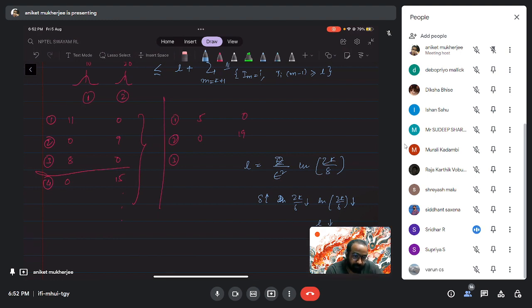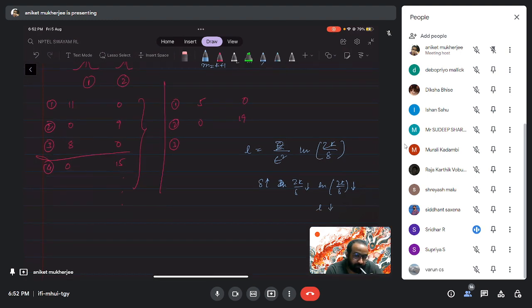No, I just missed that 1 minus delta. See, 1 minus delta is what we require. By definition, delta is something in PAC. Could anyone refresh me what PAC is? I gave it last class.